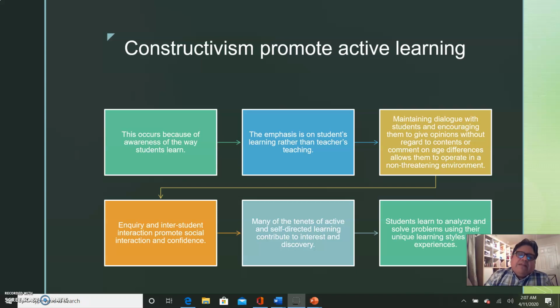This form of an environment in the classroom seems to have increased interest and discovery from the students. Since there is no stern format, students learn to analyze and solve problems using their unique learning style and experience.